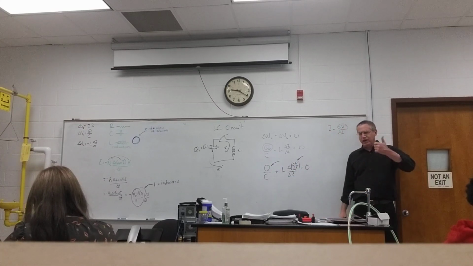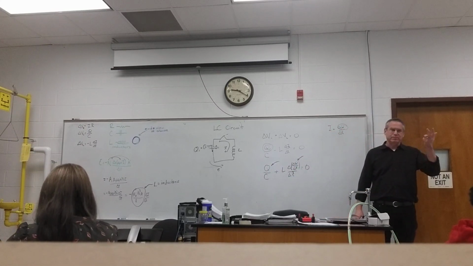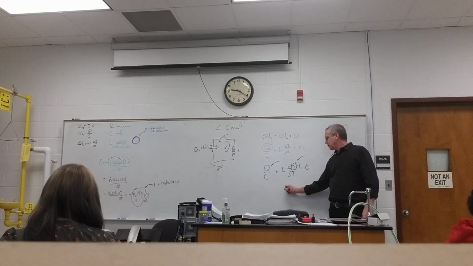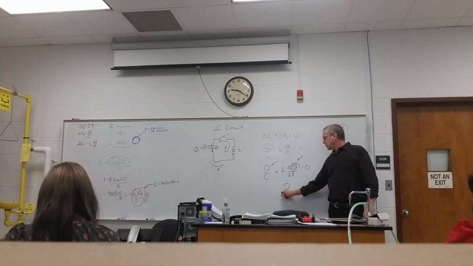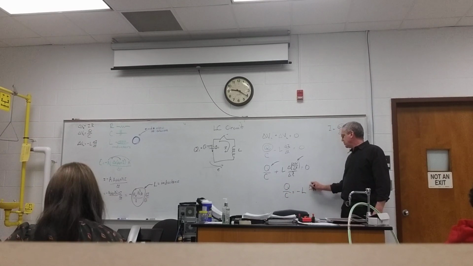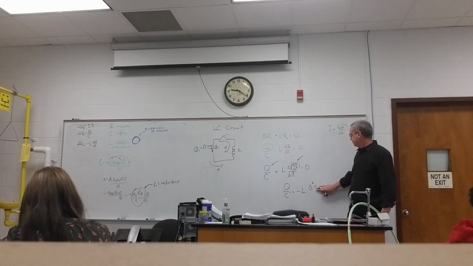C is a constant, L is a constant, well, time varies, and Q varies. So Q over C is equal to the negative L of the change, generally written.